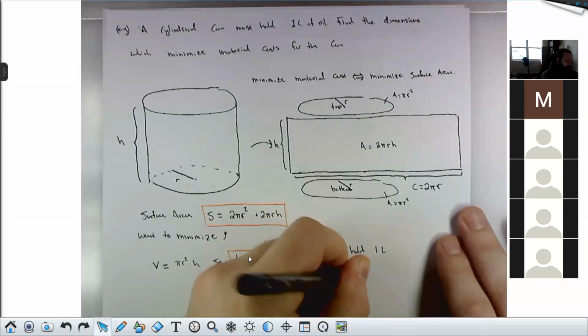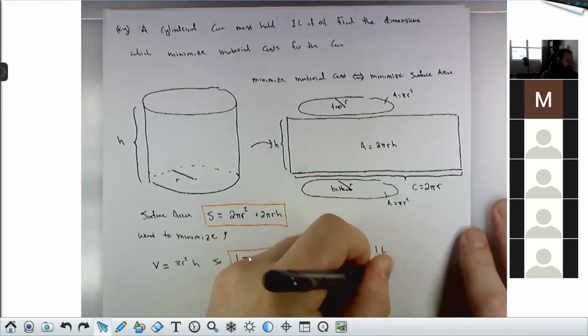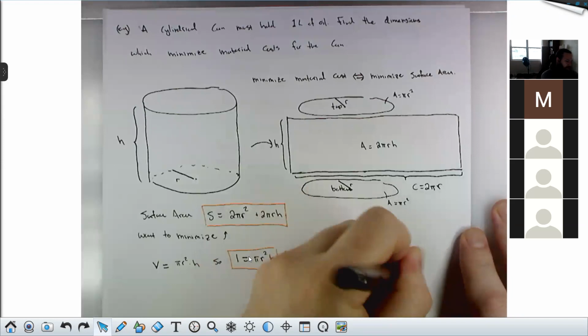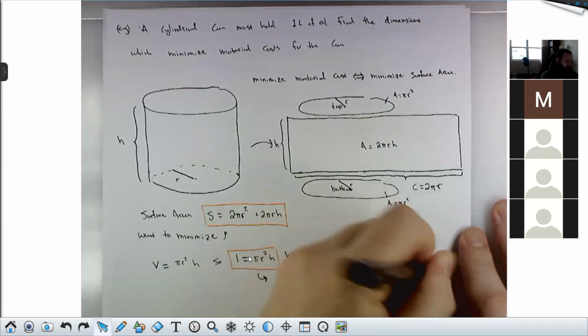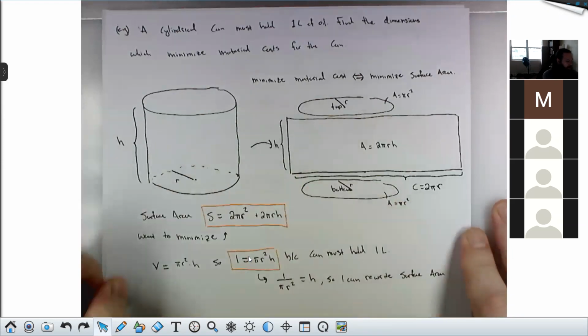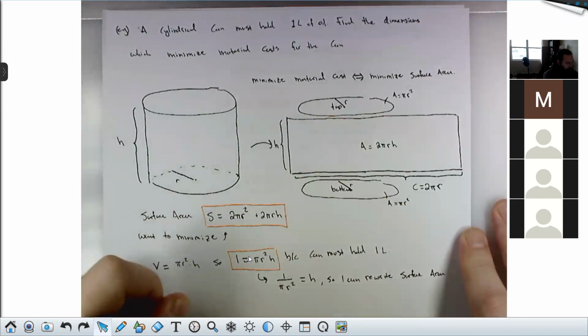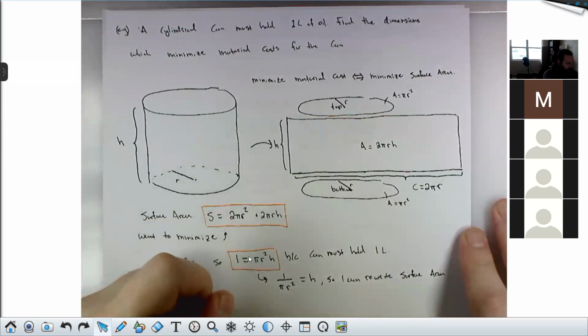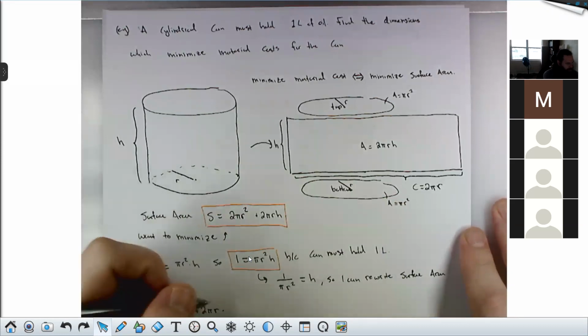So I can rewrite the surface area as S equals, what was it first? I'll write it down, 2 pi r squared plus 2 pi r, and then h, which is 1 over pi r squared.